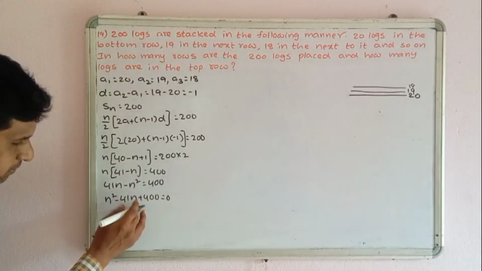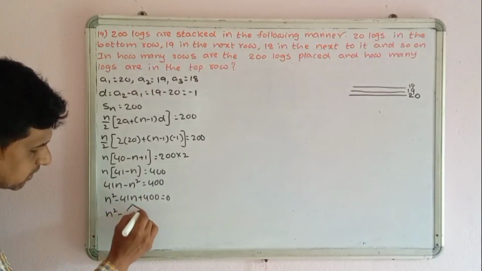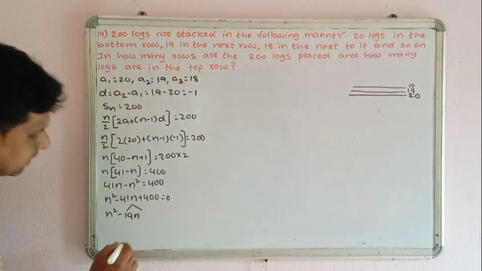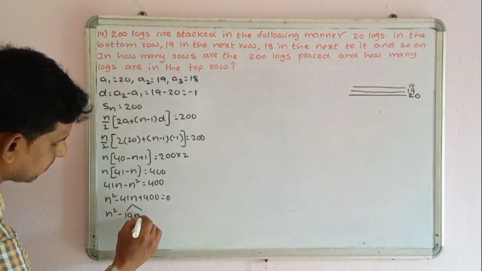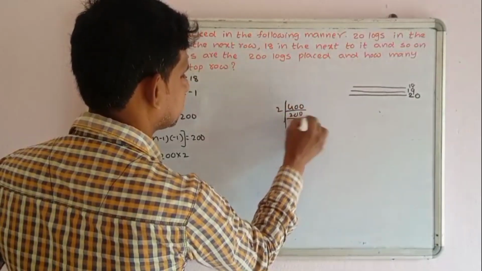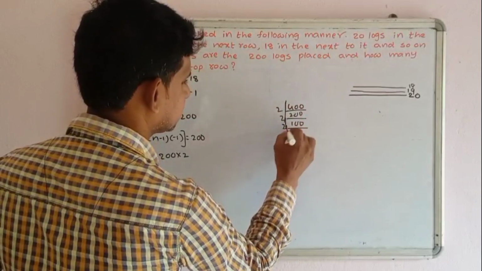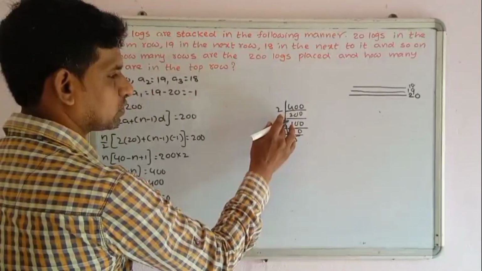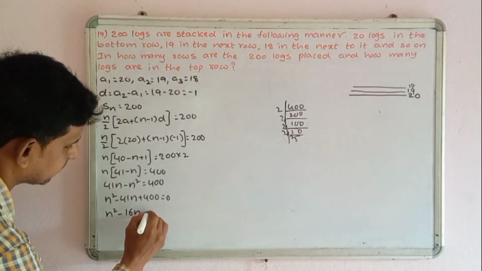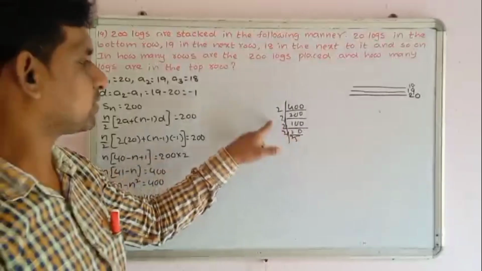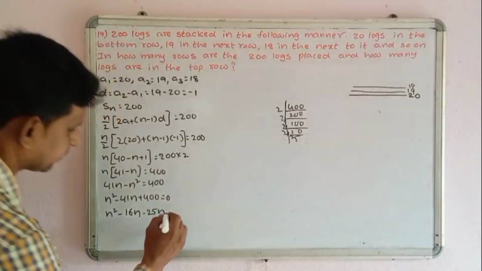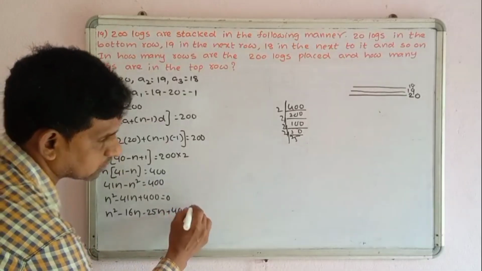So split the middle term into two terms. 400 is 16 times 25, so minus 41n can be written as minus 16n minus 25n. So n square minus 16n minus 25n plus 400 equals 0.